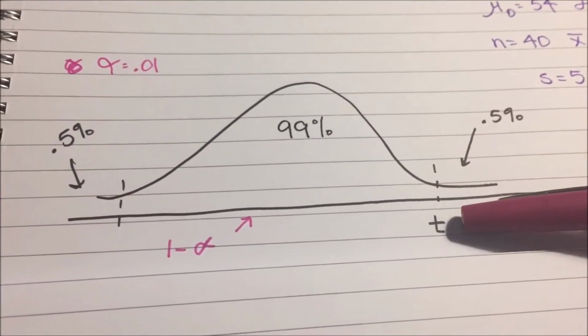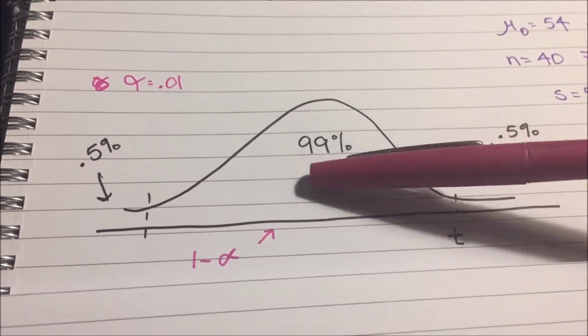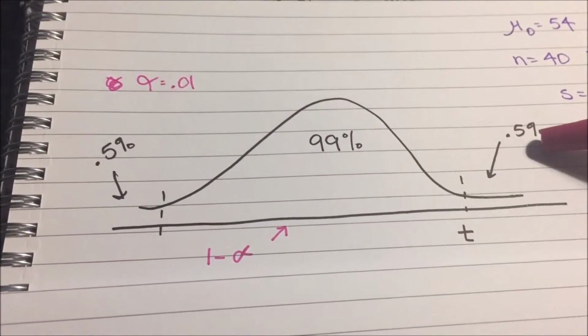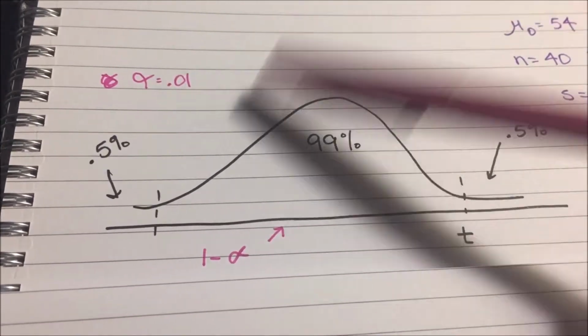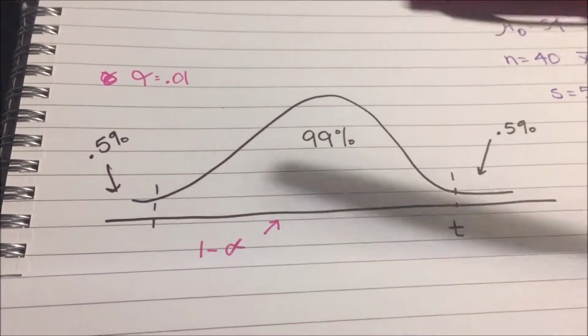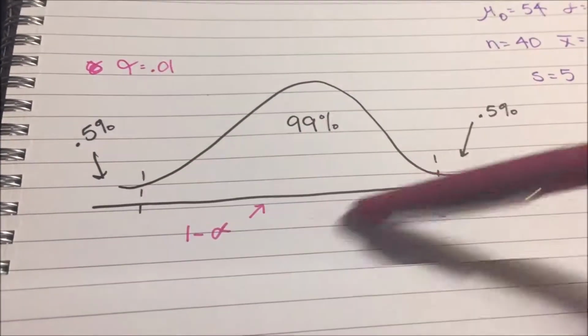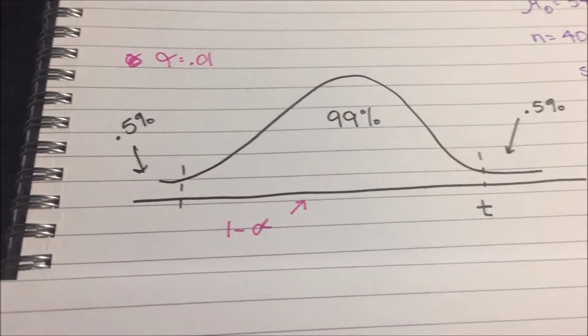So t is the number that we're looking for here. If all of this is 99%, then the rest of it is divided on either side. So we only have 1% left. So 0.5% down here and 0.5% up here makes a total of 100%.